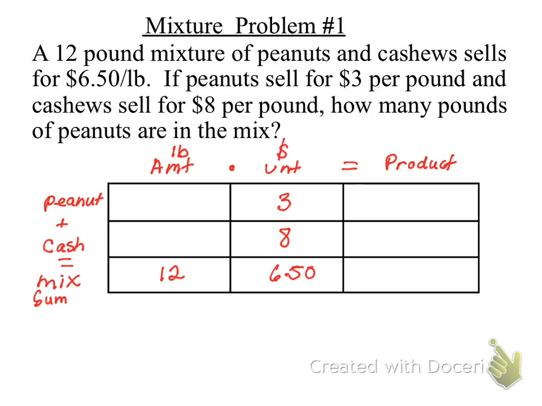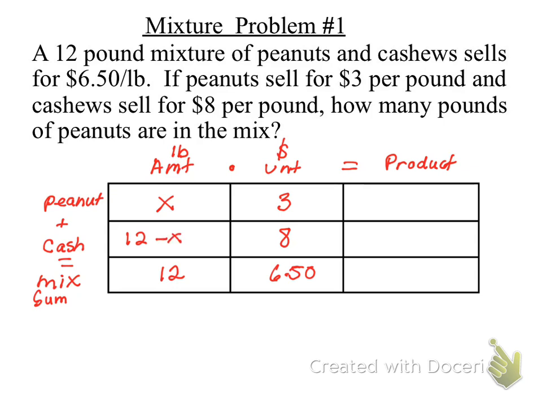So we can call it X. And if we don't know, if we call that X, then what we do is we take the total, which is how much? 12. Minus what we started with. 12 minus x. Do you guys understand that?